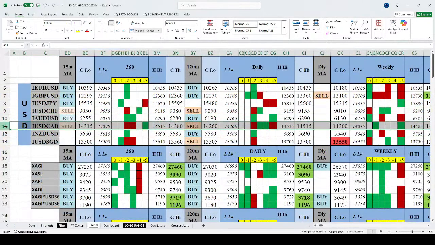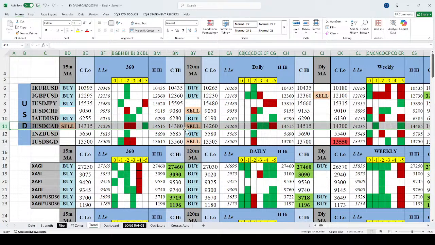The next cross we are looking at is dollar CAD. The trend on the hourly is flat with the downside view. The daily is flat with the downside view. Weekly is flat. The range we are looking at is between 143.15 and 43.80.